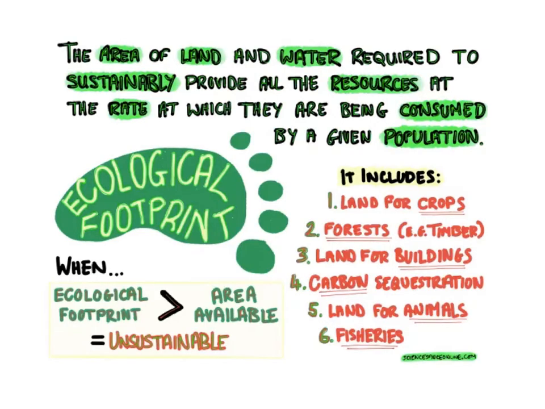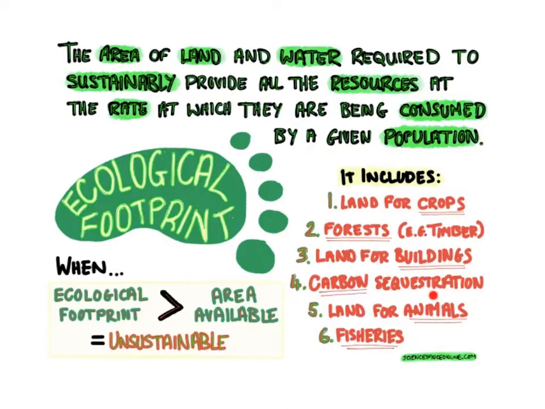The ecological footprint is an area of land that would be required to sustainably provide all of a population's resources and assimilate its wastes. And the footprint includes the land for crops, land for timber, the wood that's consumed, land for the buildings, our urban footprint, and carbon sequestration.